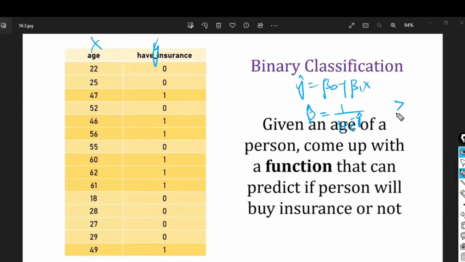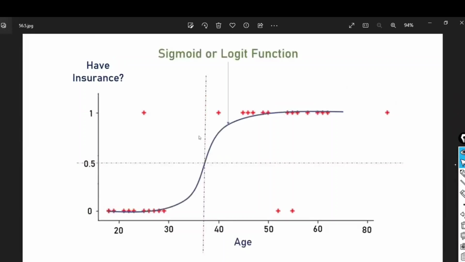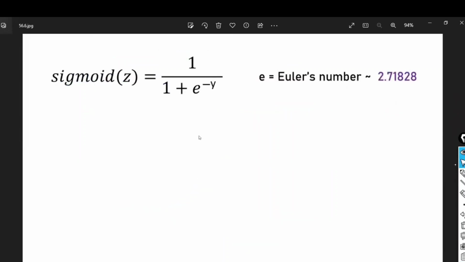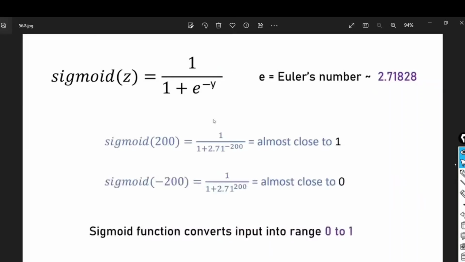If the p value is greater than or equal to 0.5, it comes under class 1. If it is less than 0.5, it comes under class 0. By default we consider the threshold value as 0.5. This is logistic regression, where the output variable is either 0 or 1, only 2 classes.